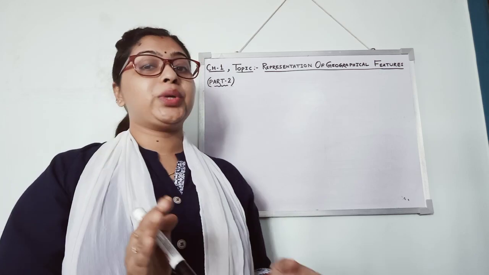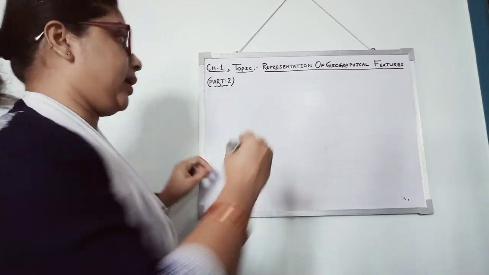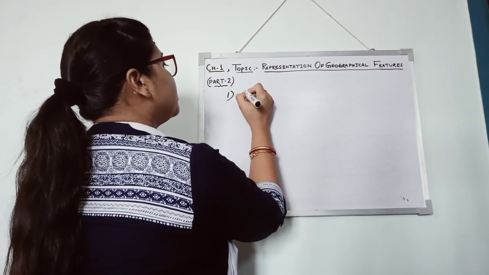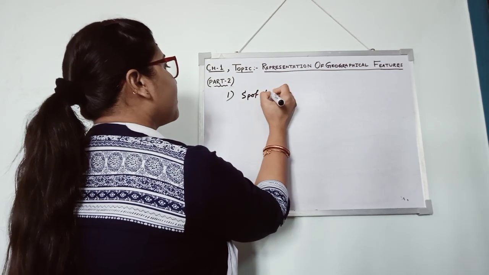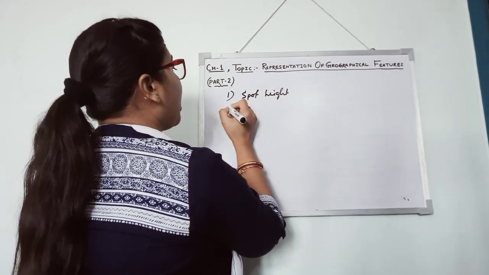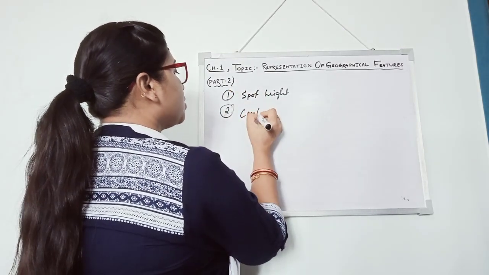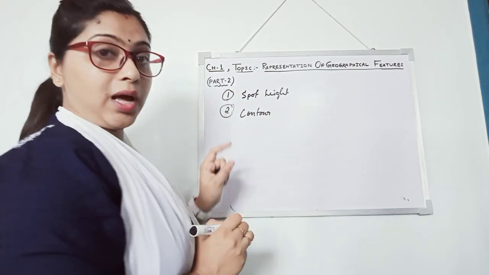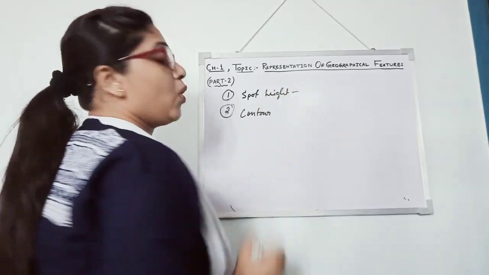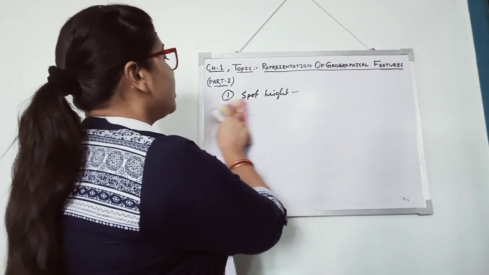Basically the heights are shown in the topographical map by spot height, and another is contours. So first I will tell about spot height. What is spot height?